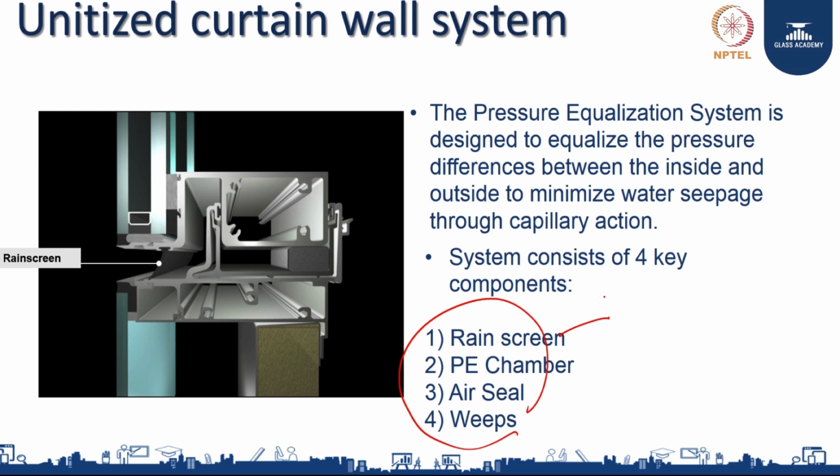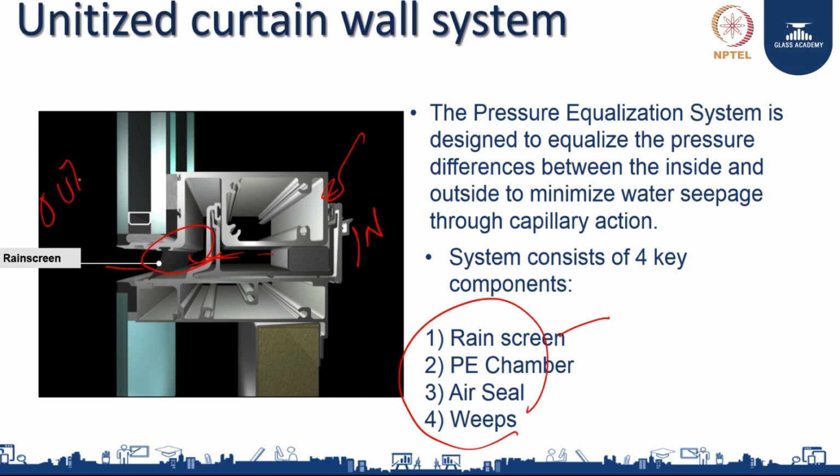But when you talk about pressure equalization, you have to equalize the internal and external pressure by letting air go inside the chamber, but in a calculated way. I cannot make a big hole here in the system to let water and air go in, where I do not have anything happening on the internal part. This is inside the building, this is outside the building.